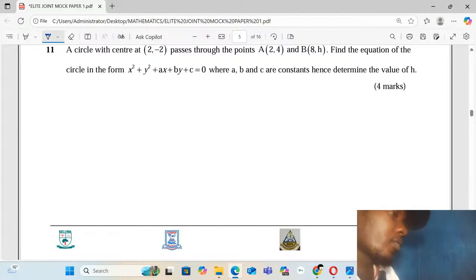So this is what we are going to do. Let us look at the radius.